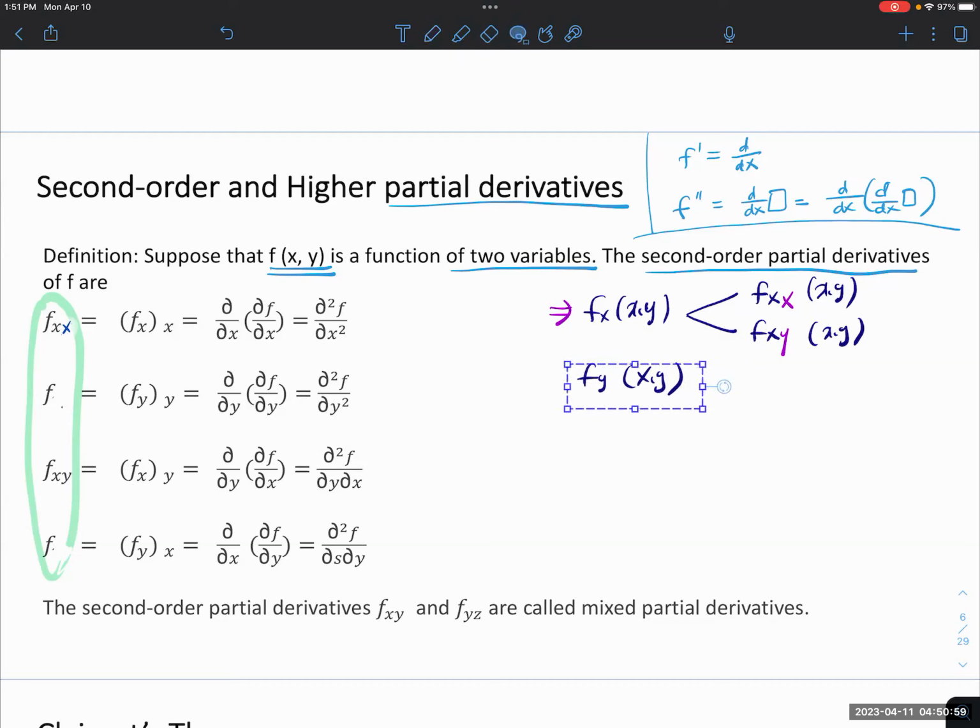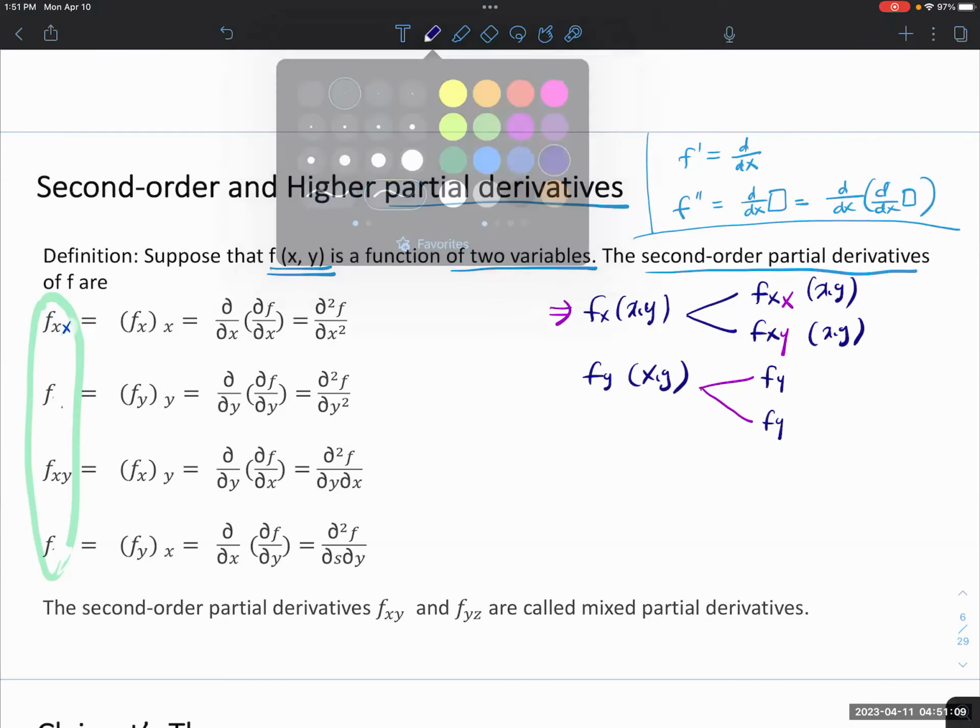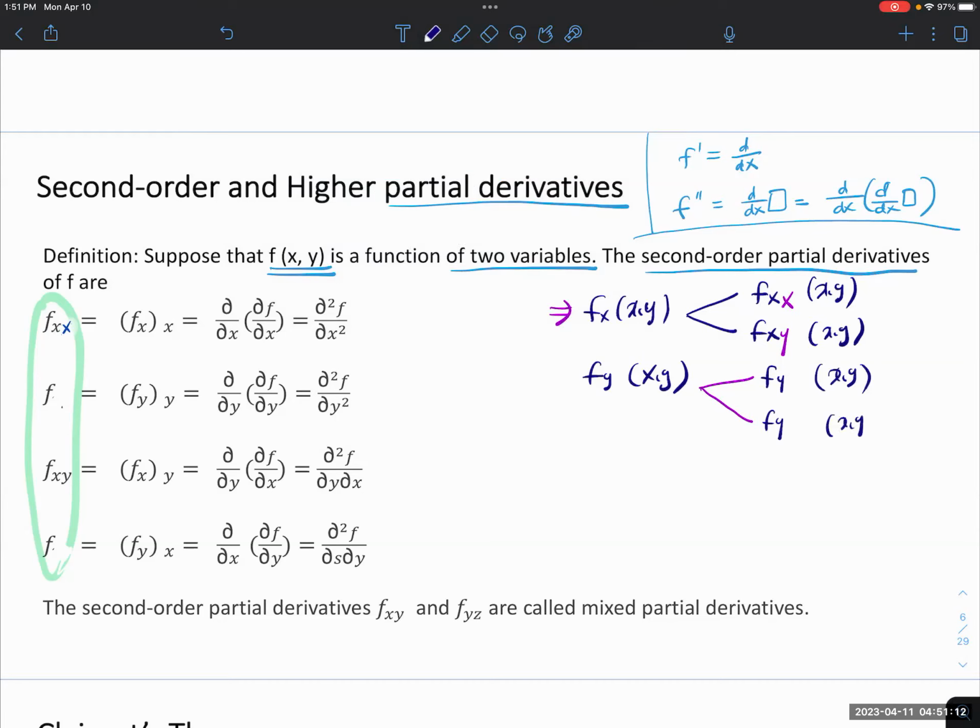Same thing for the second case, f sub y: now you can have either yx or yy. So by taking the second partial derivative, you have 4 different cases: xx, yy, xy, and yx. Does it make sense? That's actually what we are going to do.